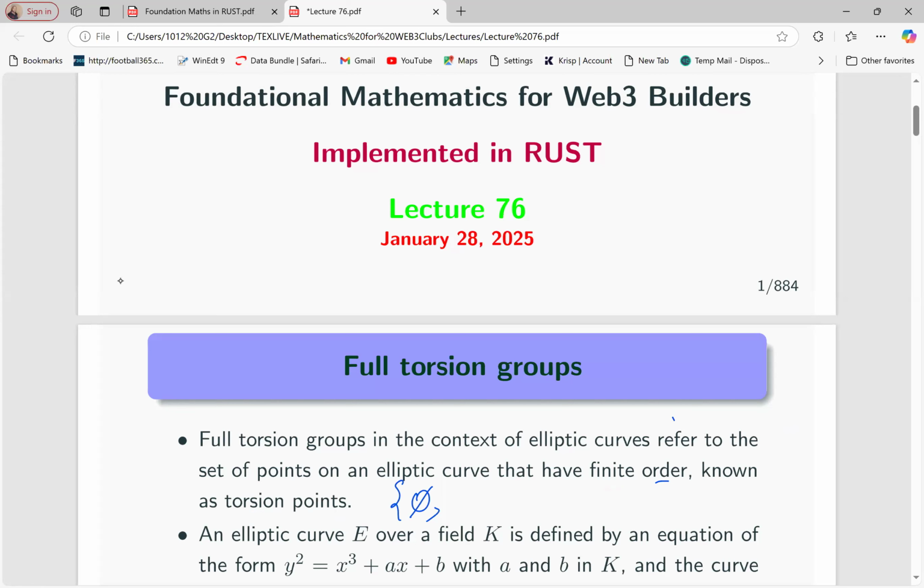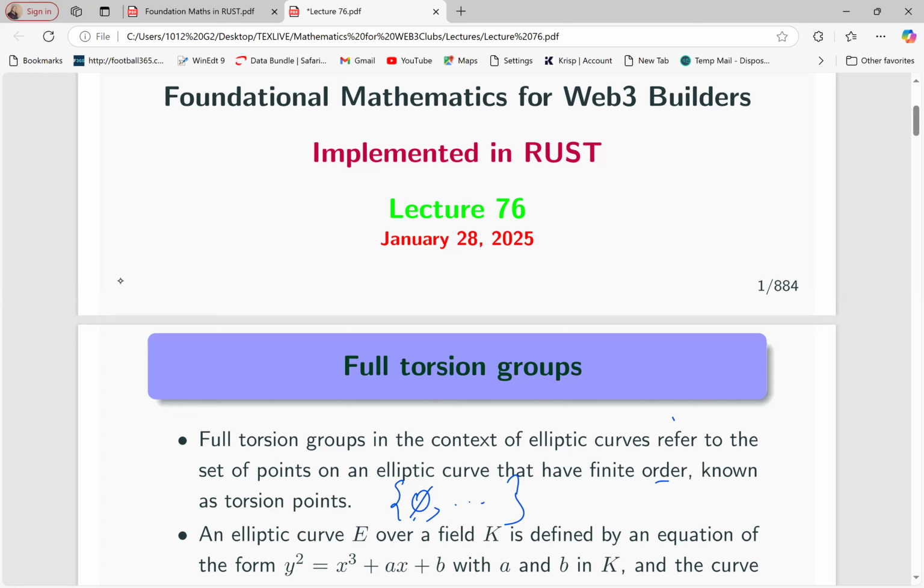And then it should have the other group points. In terms of elliptic curves, elements of a group, members of a group will be points. So one of them will be a point at infinity, and then the other points. So this set is what we call a group, a set of points on the elliptic curve.